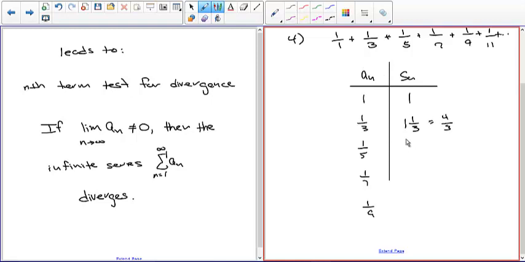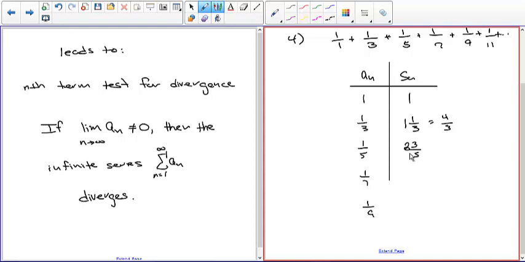Here we'd have 1 plus a third plus a fifth. Change that to a fraction, and we get 23 over 15.